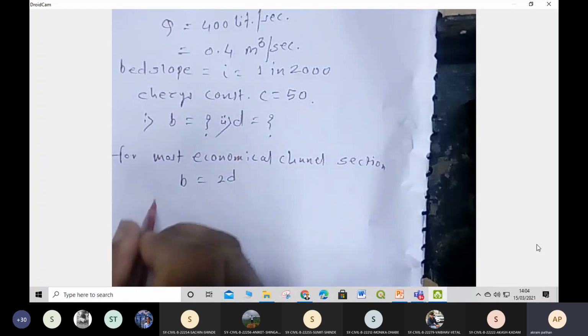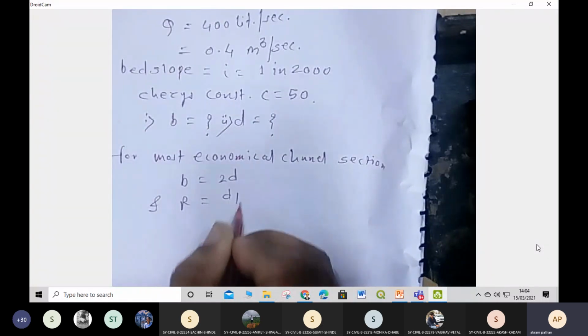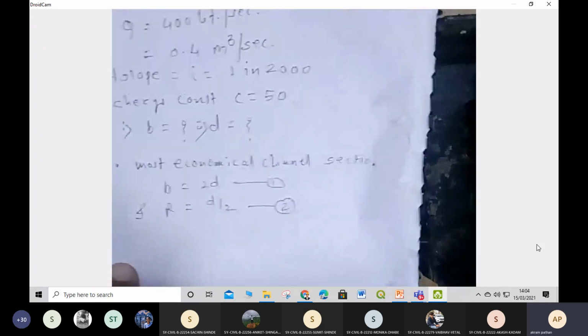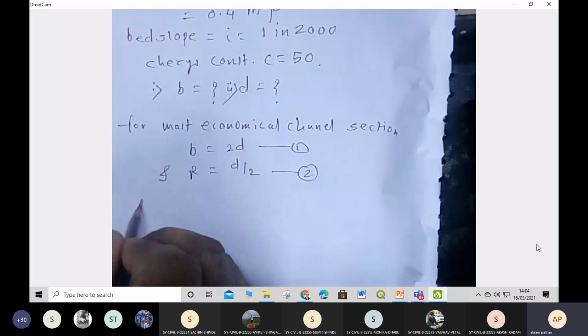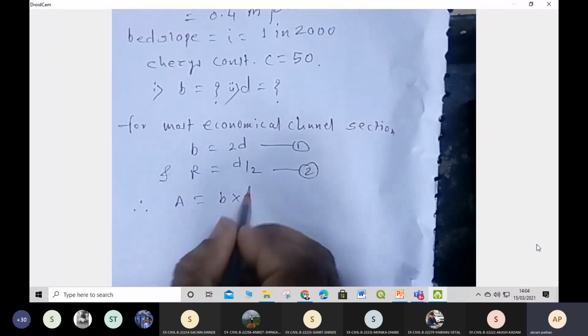And the second, R is equal to half of the depth of flow. So this is the first case and this is the second case. Therefore A is equal to B into D.